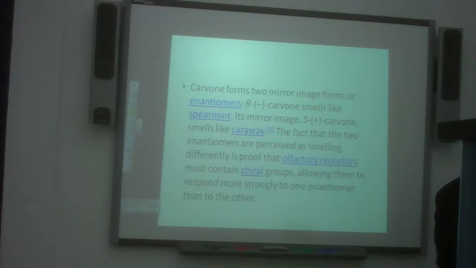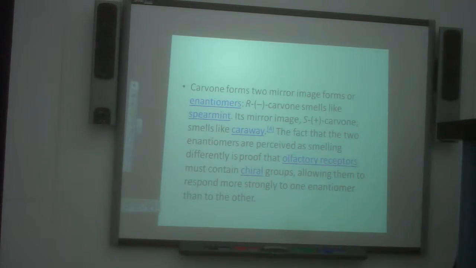Don't use the spearmint today. Okay? The S smells like caraway. That caraway works. Okay? You're going to isolate the S carvone and then create a derivative of it next week.